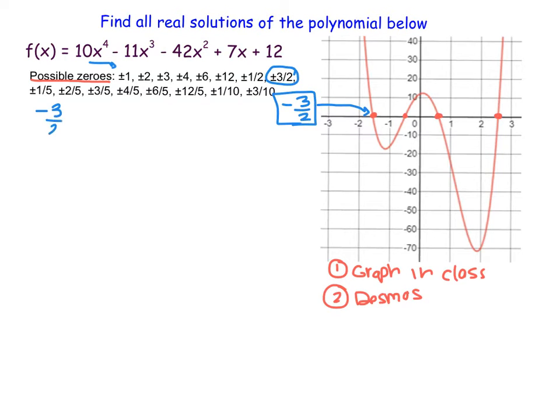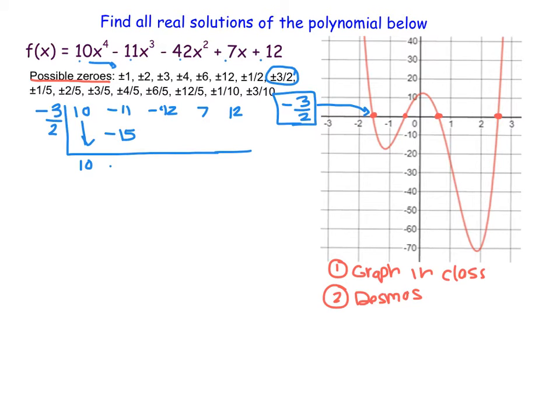So we have -3/2, and then we're going to utilize these numbers here. So I have 10, -11, -42, 7, and 12. I bring down the 10 here. 10 times -3/2 becomes -30/2, which is -15.